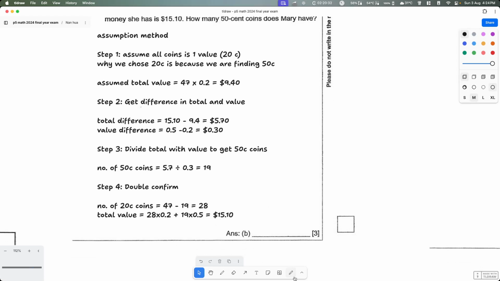That means this is correct. Yay. So the answer is correct, which means 19 is the answer.